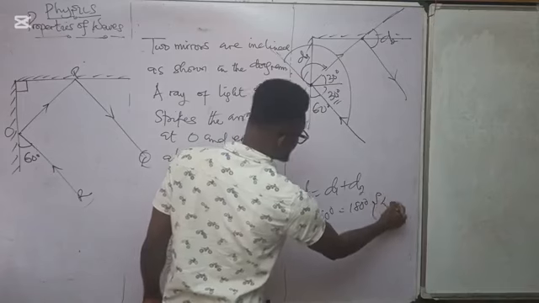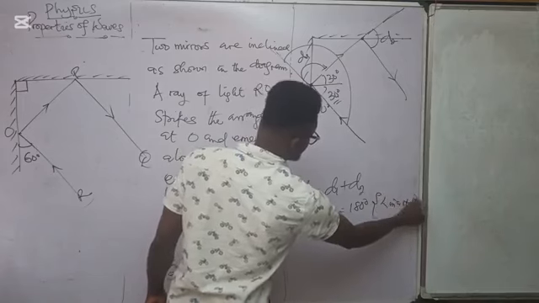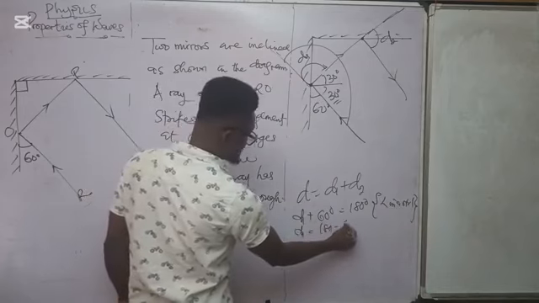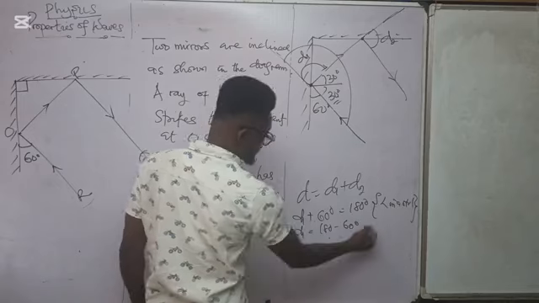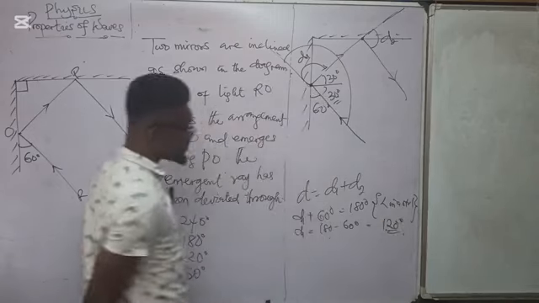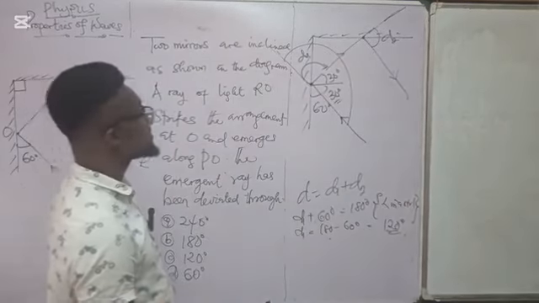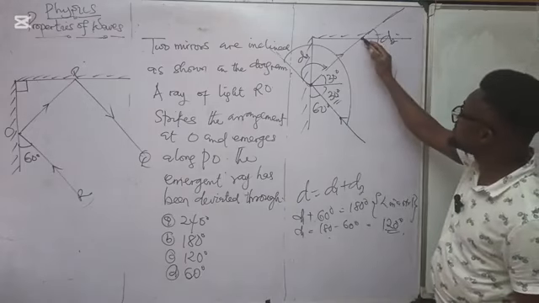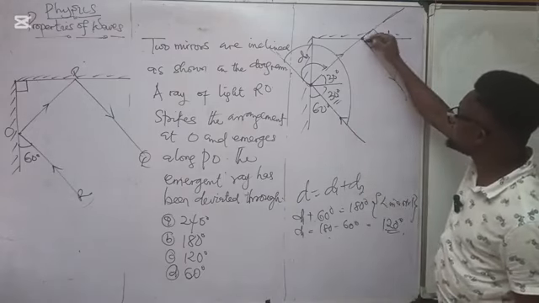Reason: angle on a straight line. So our d1 now will be 180 minus 60, which will automatically give 120 degrees, which we've got as the d1.